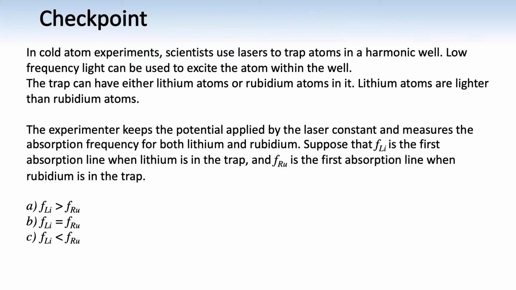The experimenter keeps the potential applied by the laser constant, which basically means that kappa is constant, and measures the absorption frequency for both lithium and rubidium. Suppose that FLI is the first absorption line when lithium is in the trap, and FRU is the first absorption line when rubidium is in the trap.